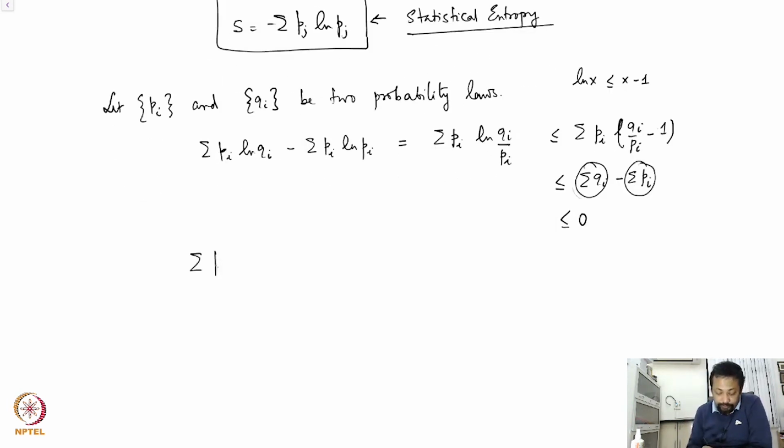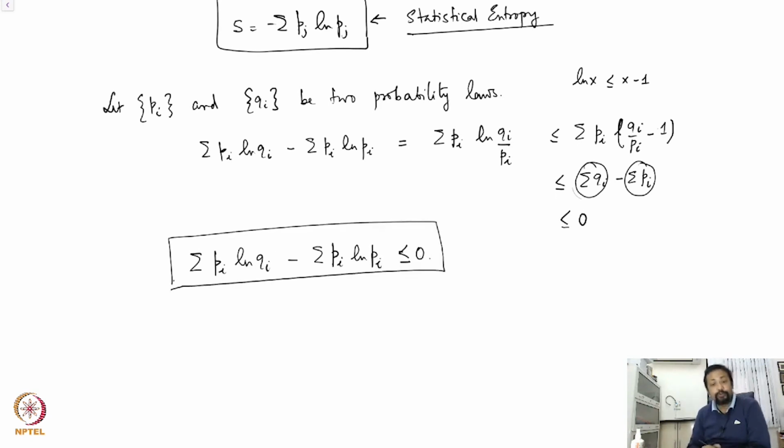Therefore, it follows from this little derivation that sum pi ln qi minus sum pi ln pi is less than or equal to 0, for two sets of probability laws. Now choose qi as 1 by n, which means that this corresponds to equal a priori probability.